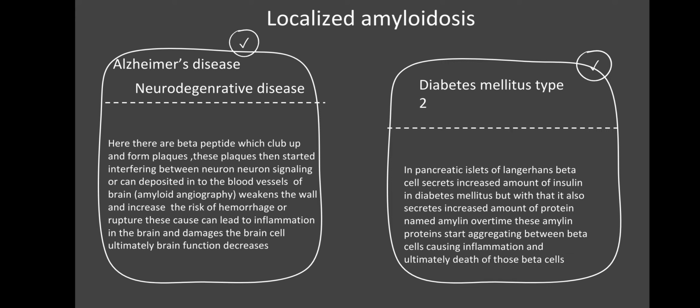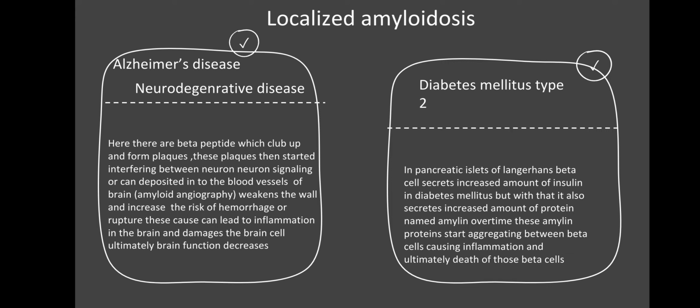These all can lead to inflammation in the brain, which can damage the brain cells, ultimately leading to brain function decrement, which can also cause memory loss, or we cannot learn new skills, etc.